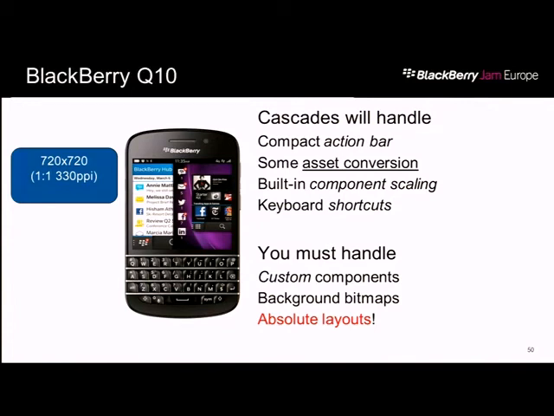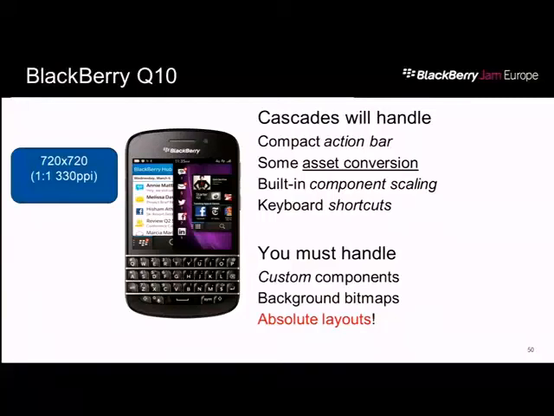Now the good news is that if you've developed your application in Cascades, then you get a lot of the scaling, a lot of the asset conversion, for free. So the component scaling will be there for you if you use native Cascades components. If you use custom components, you have to worry about component scaling to some degree.